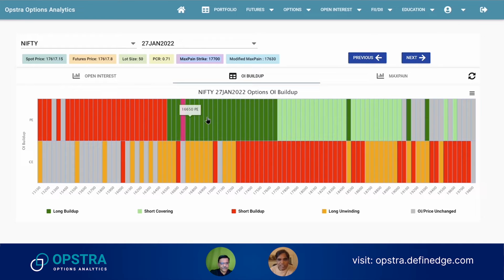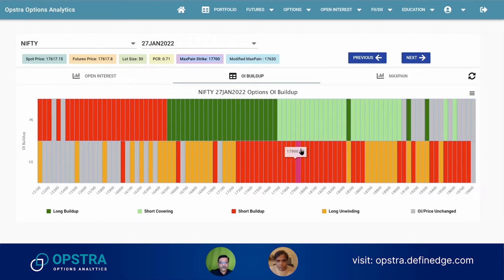At the same time, we also see that people are buying at the money and out of the money put options, and there is a short covering of put options which are deep in the money. And this updates every 1 minute.